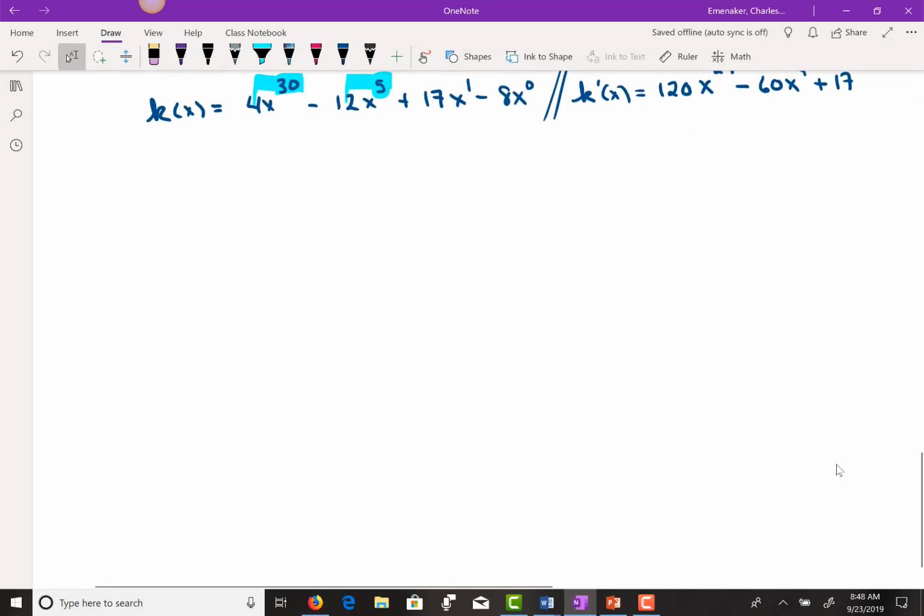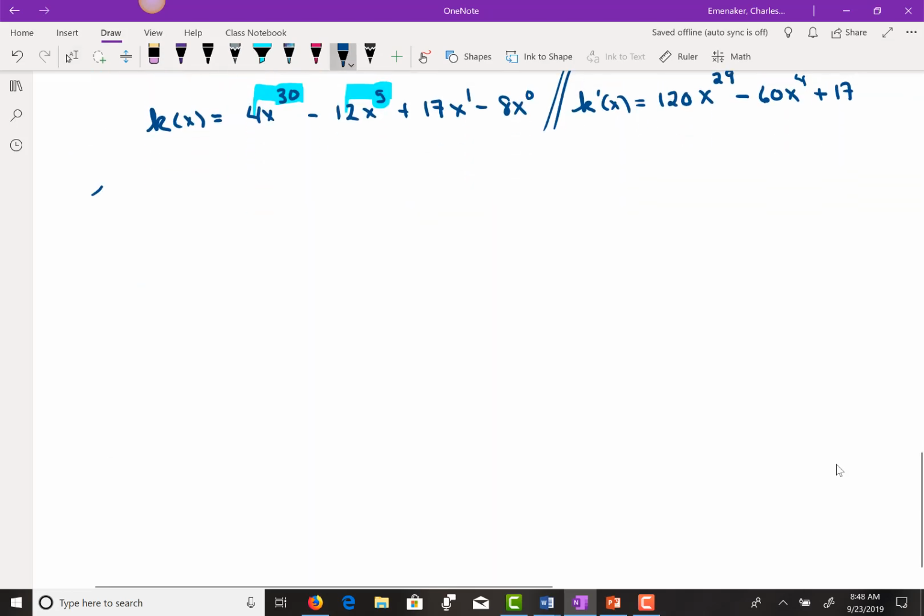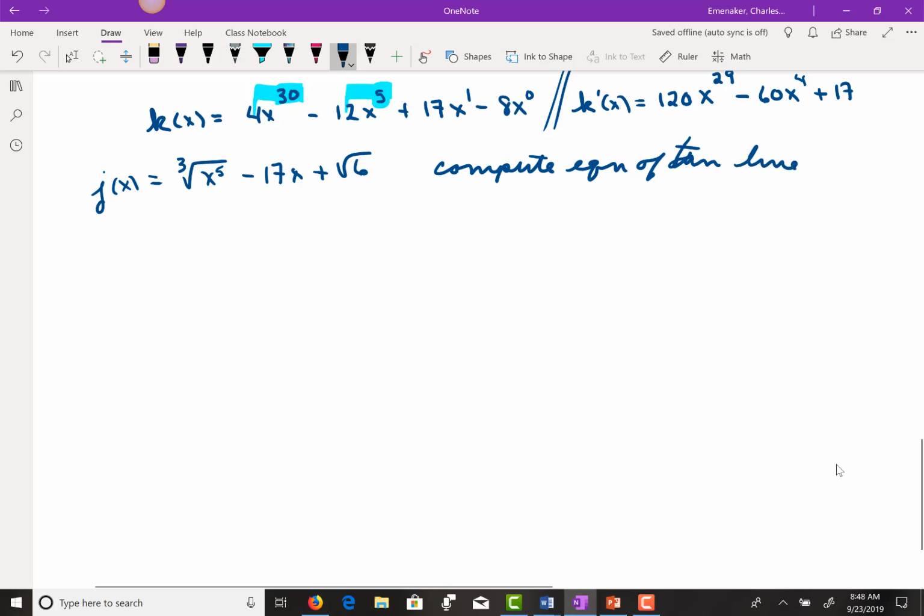The cool thing about this is if you have something like j of x equals the cube root of x to the 5th power minus 17x plus the square root of 6, and you're asked to compute the equation of the tangent line at x equals 1.